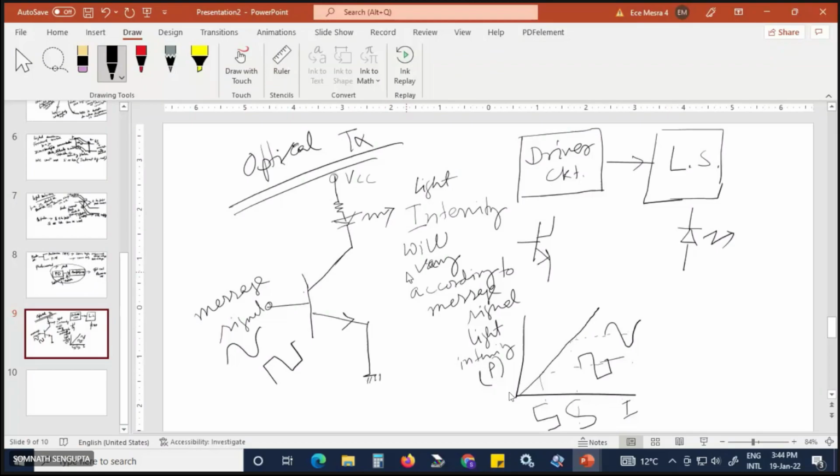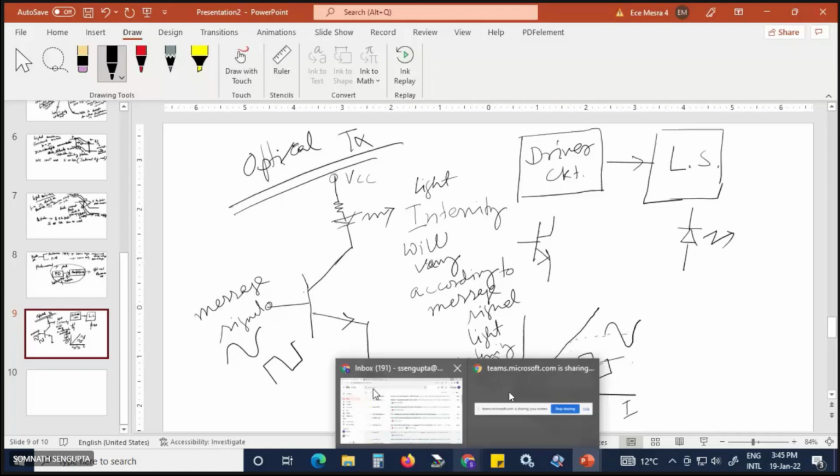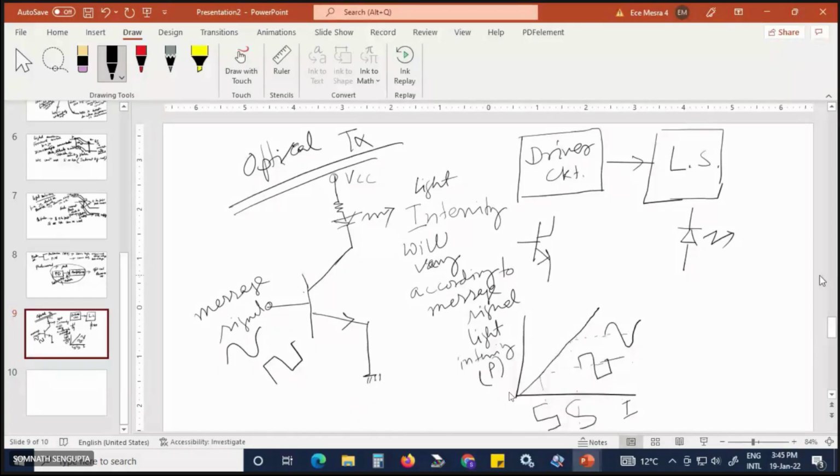But the carrier has to travel a longer distance, which is a problem because transit time comes into play. So you cannot keep a very long depletion region.